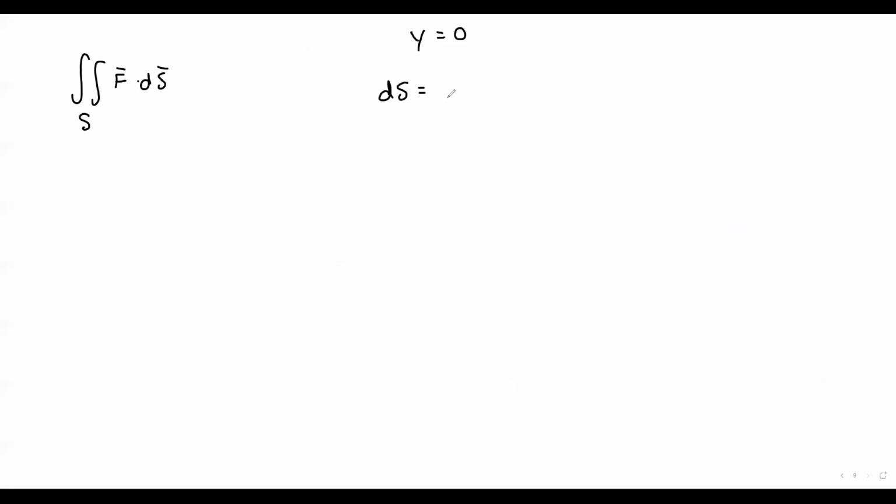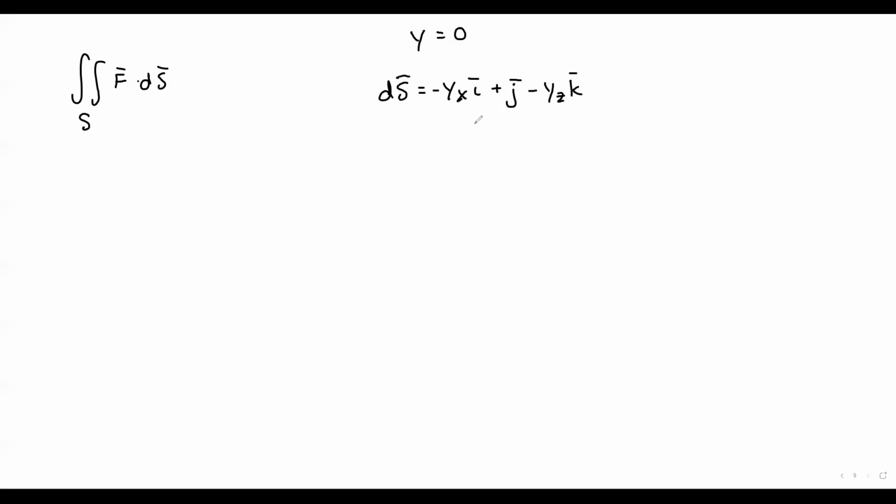The dS for y is you take y and differentiate with respect to x, i, plus j, and then minus y differentiated with respect to z, k. This dS points to the right. How can we tell? Because of the plus j. j is our unit vector that points one unit to the right, and so this is a rightward pointing dS.